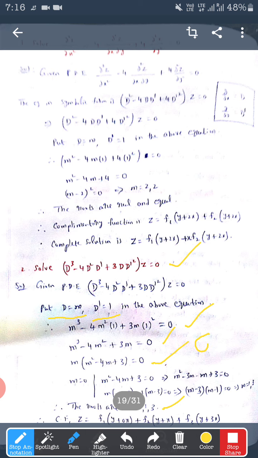Therefore, the 3 roots are real and distinct. Therefore, the complementary function is z is equal to f1 of y plus 0x plus f2 of y plus x plus f3 of y plus 3x.